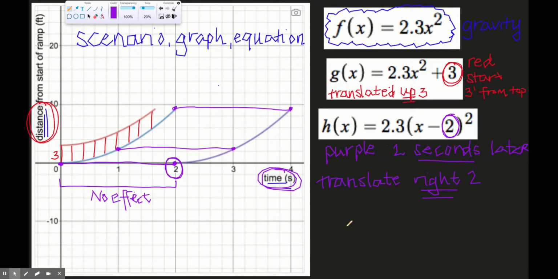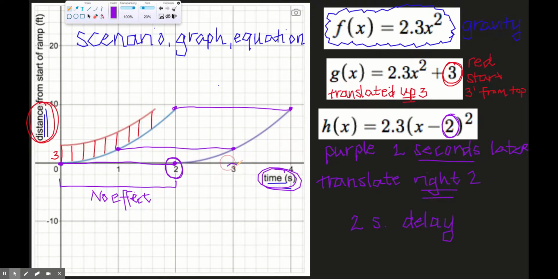So instead of saying 2 seconds later, I like to think of it as a 2-second delay. Since I'm on a 2-second delay, I actually subtract 2. Even though it is shifted to the right, this shift is not adding; it is removing those first 2 seconds from this function.